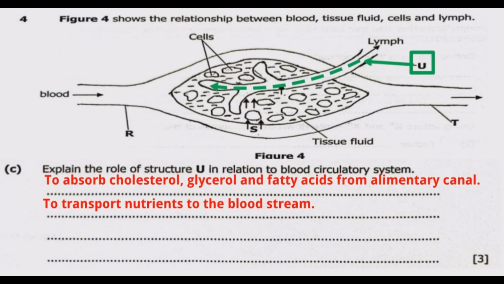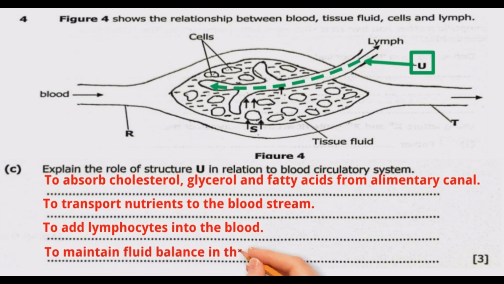Then the third function is to add lymphocytes into the bloodstream, or into the blood. The fourth and last point I'll share with you is to maintain fluid balance in the body.